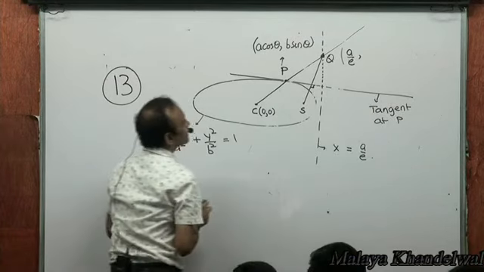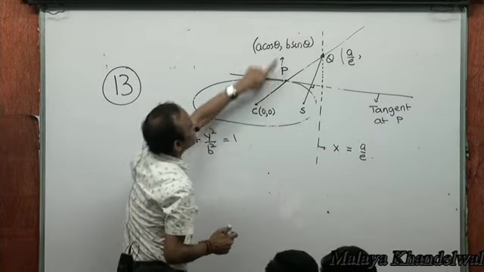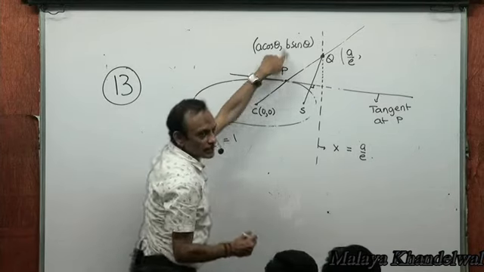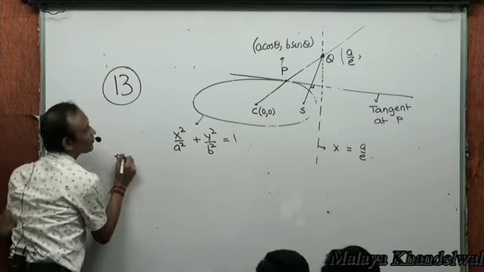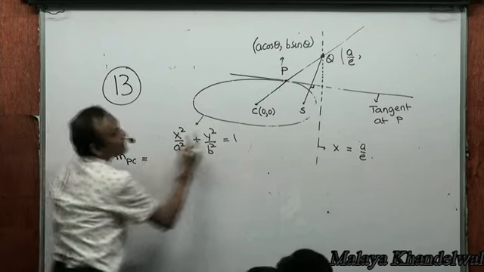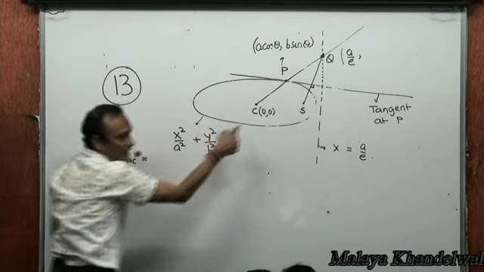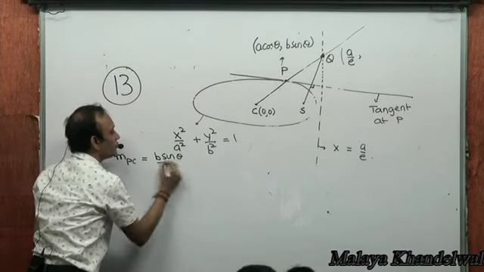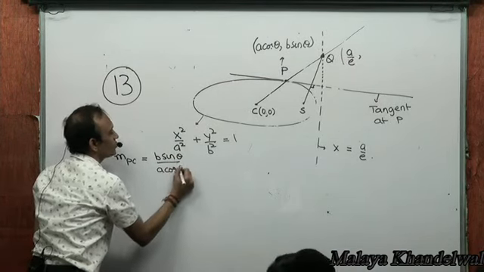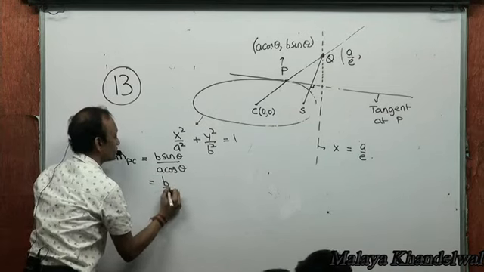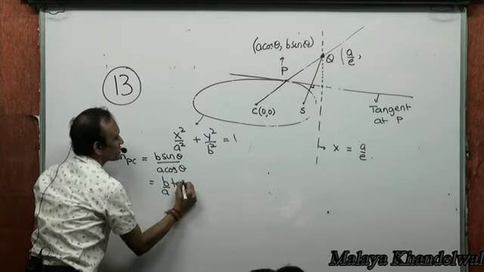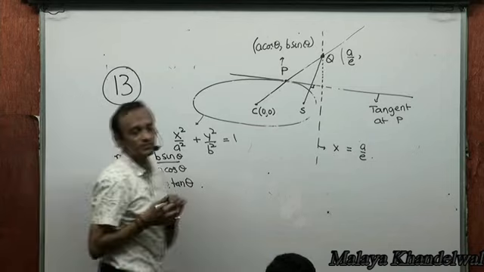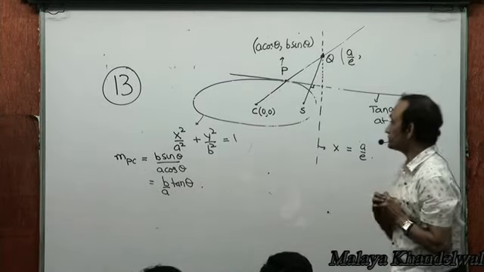Now, what's the slope of PC? B sin theta by a cos theta, isn't it? Slope of PC is b sin theta minus 0 by a cos theta minus 0, which is b by a tan theta.